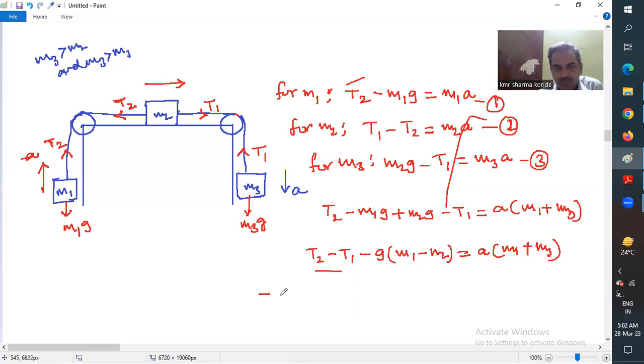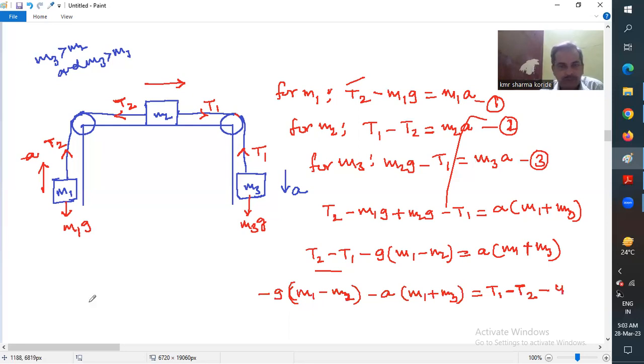So minus G will continue, M1 minus M3, minus A of M1 plus M3 is equal to T1 minus T2. Now we call this the fourth equation.